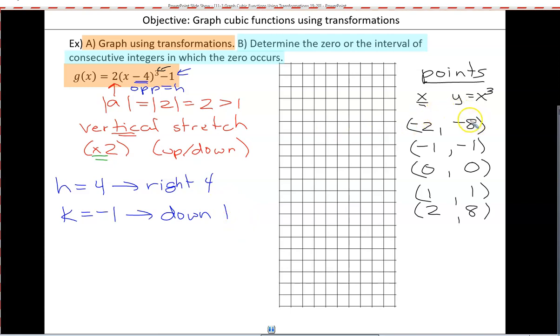So we're going to take each of these y's times 2. And notice that 8 times 2 turns it into a 16, and -8 times 2 turns it into a -16. So they are stretching to +16 and -16 before they translate right and down.